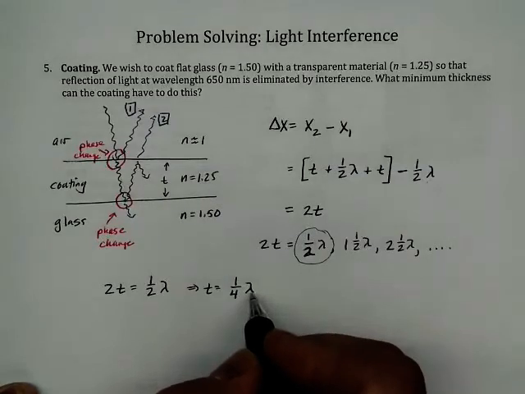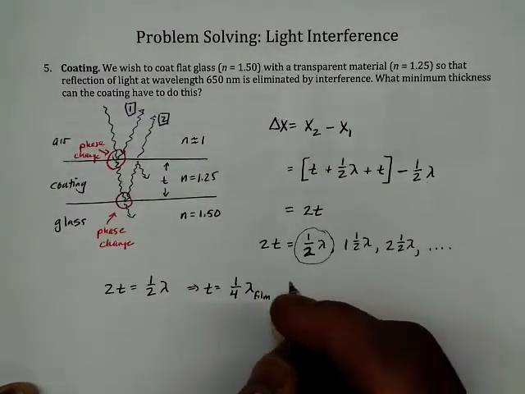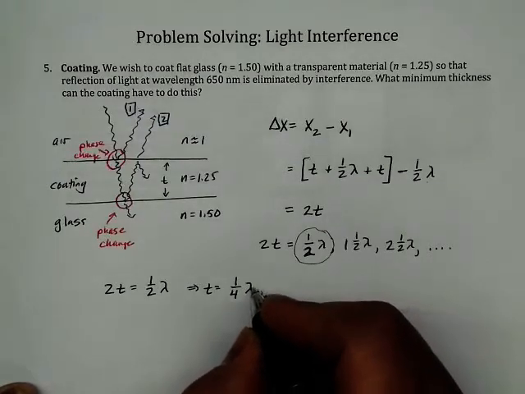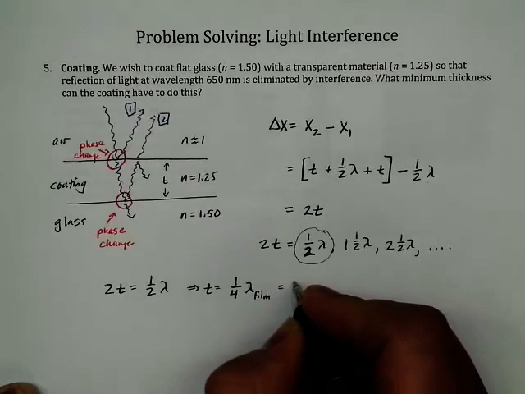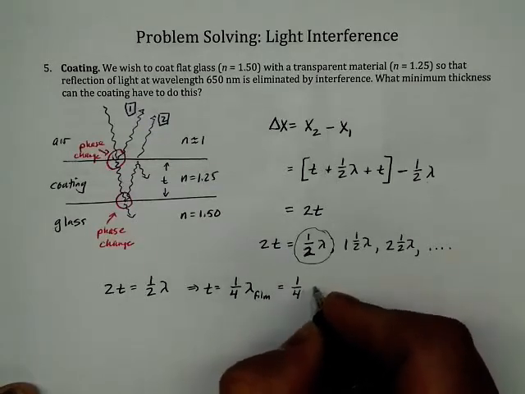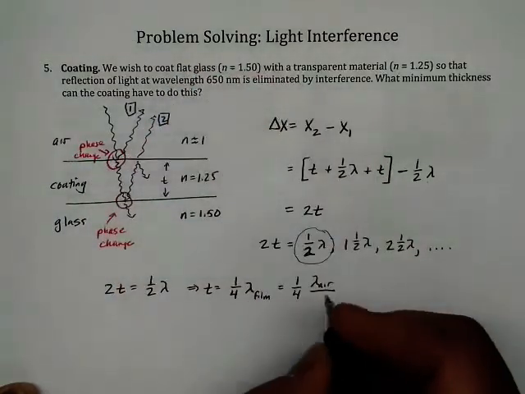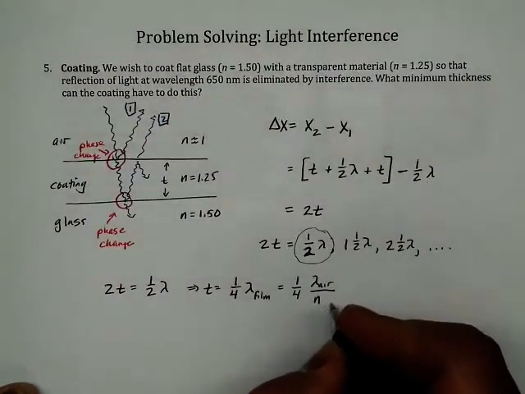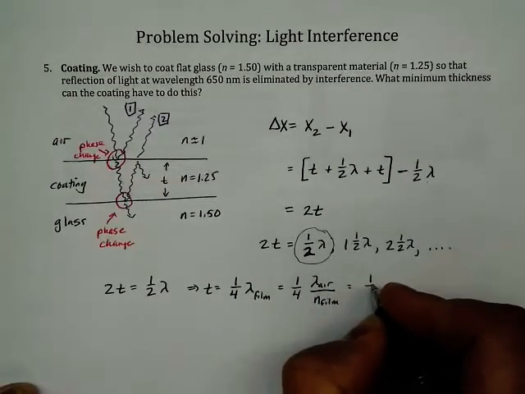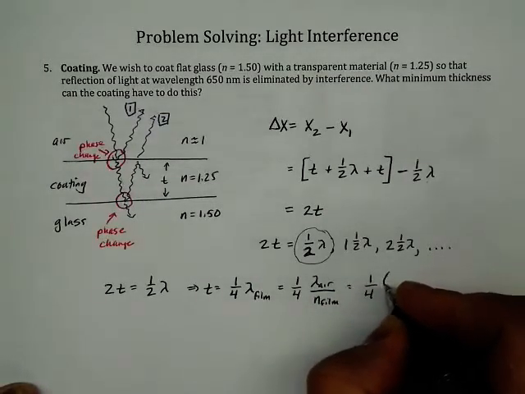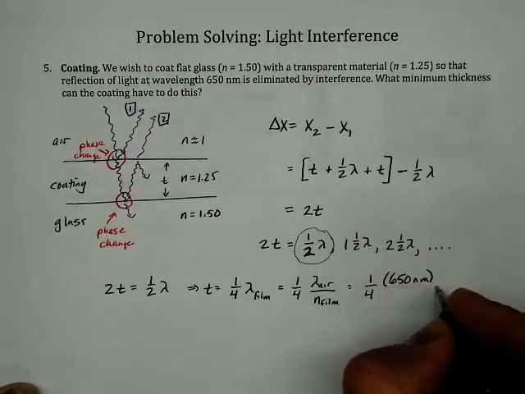But again, this is the wavelength in the film, and the wavelength in the film is equal to the wavelength in the air divided by the index of refraction of the film. So that's 1/4 the wavelength in the air, which is where we assume the light's coming from at 650 nanometers, divided by the index of refraction of the film. So if we plug that in, we have 1/4 of 650 nanometers.